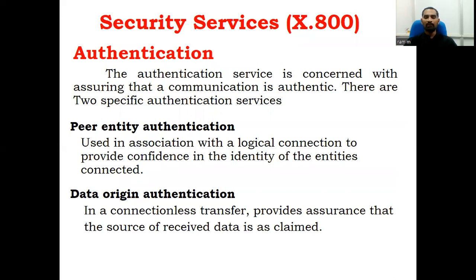For example, consider there is an organization A. We can consider the communication within the organization as authentic. Within the organization, there may be a manager. Now the manager instructs his employees to do some work.